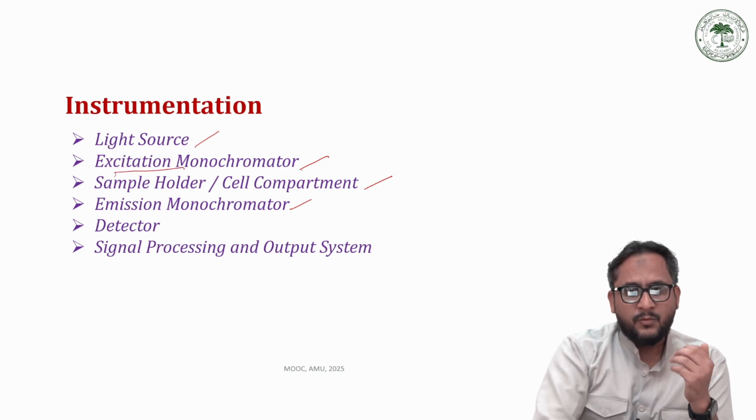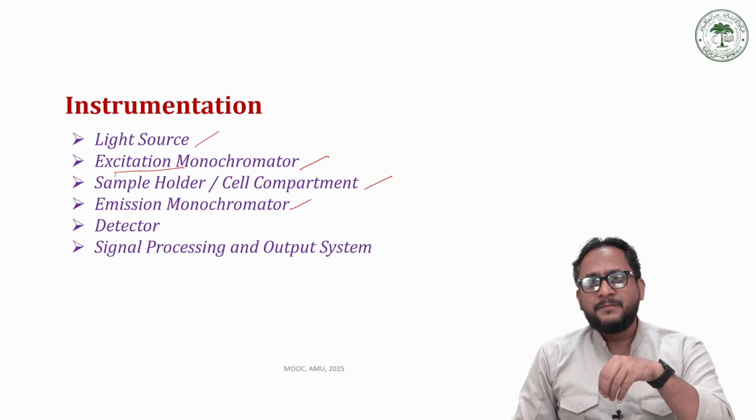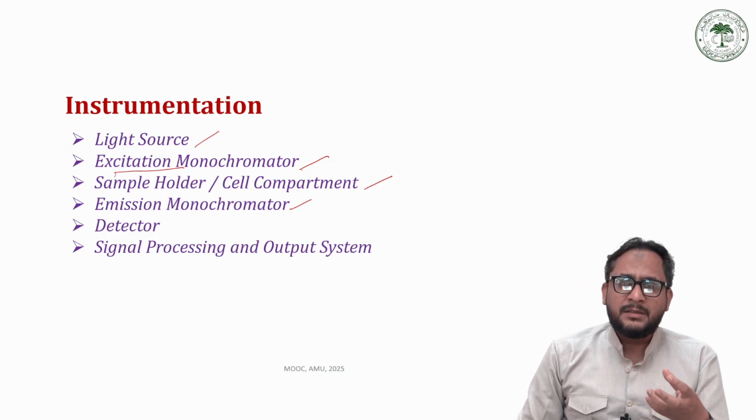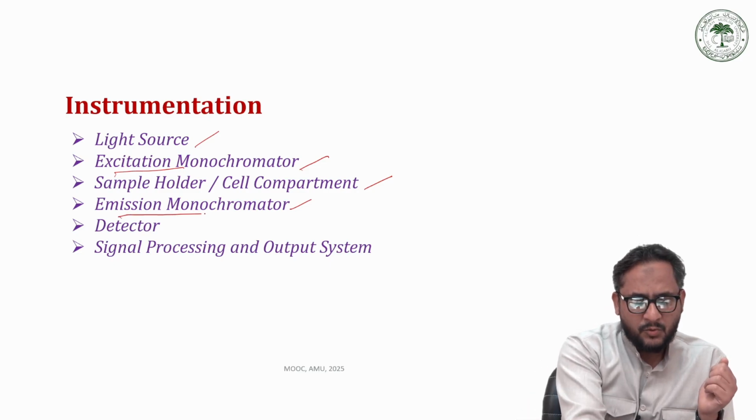On the other hand, when the electrons come back from the excited state to the ground state, they emit visible light radiation called fluorescence light. At that point we also place a monochromator to select some wavelength while excluding the others, and that monochromator is called the emission monochromator.